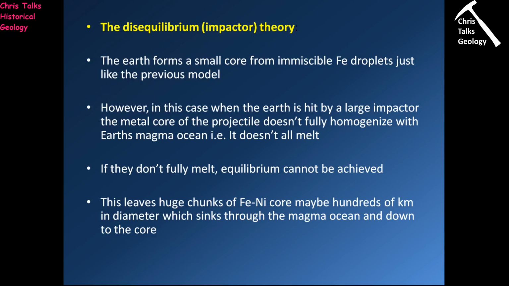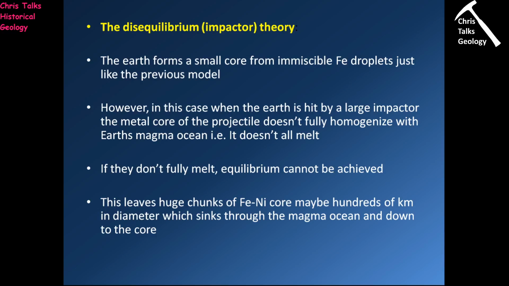And so what the model suggests is, if the Earth gets hit by something big, when that projectile hits the Earth, it's obviously going to melt, or at least most of it will melt, and a lot of it will get incorporated into the Earth. However, the core of the projectile is going to be very big and very heavy. And so because it's so big and heavy, it's not going to sit around for very long.